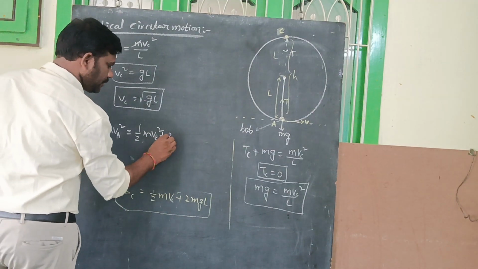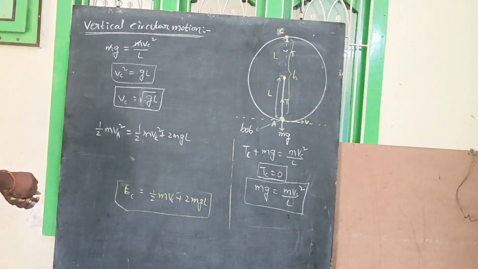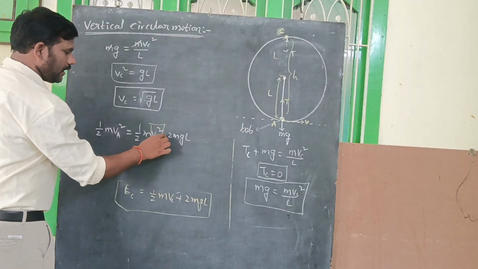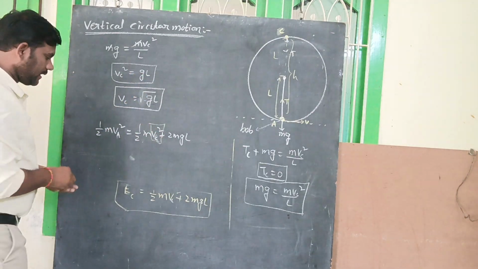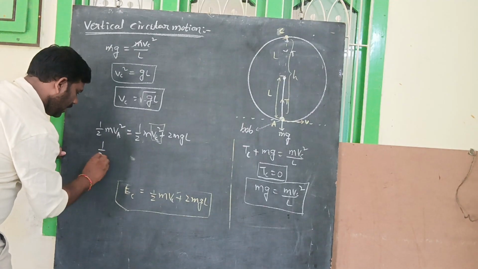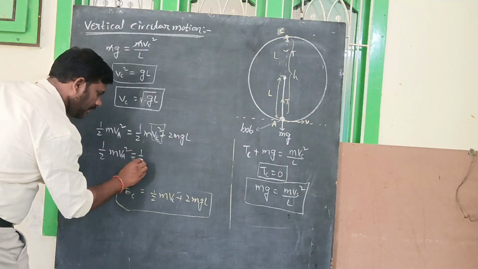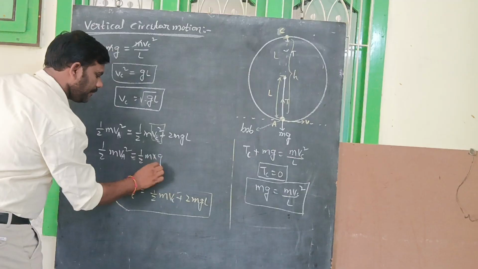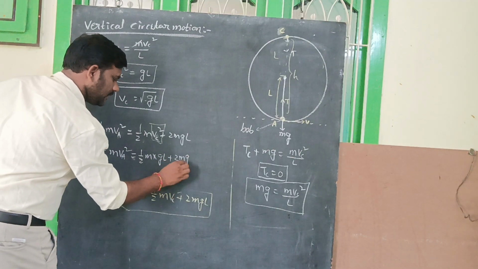Here we can replace v_C square with gL. Then half m v_A square is equal to half m into gL plus 2mgL.